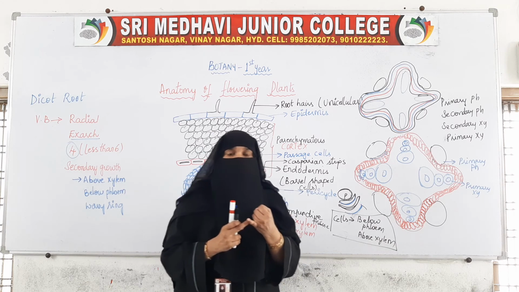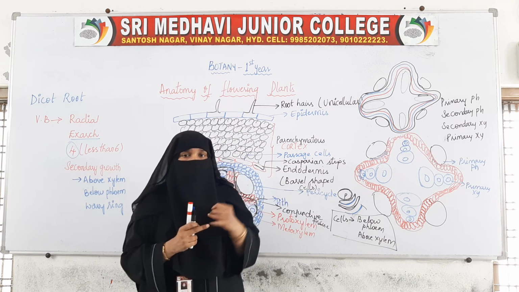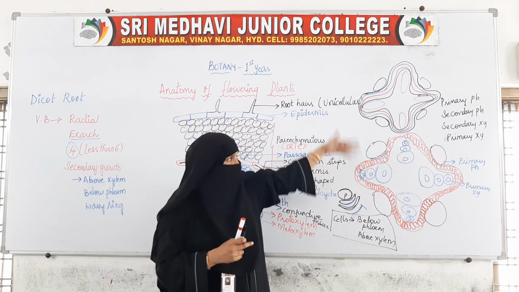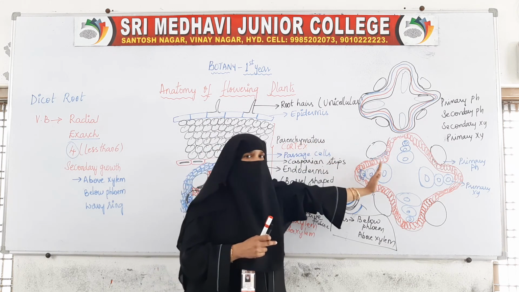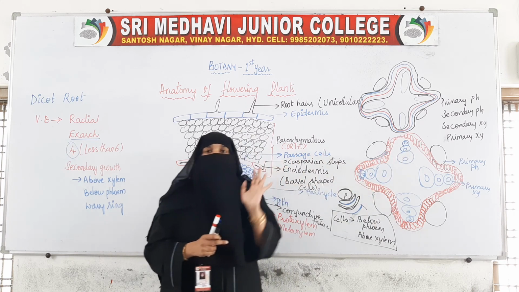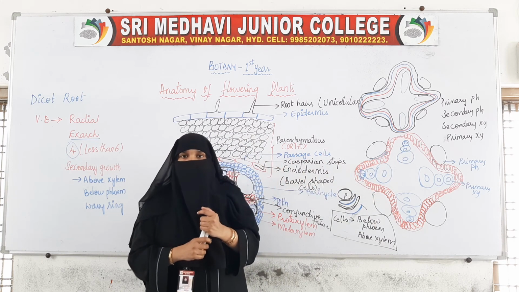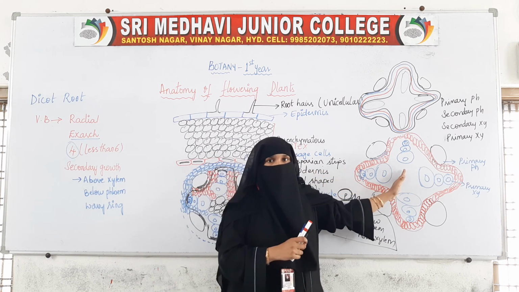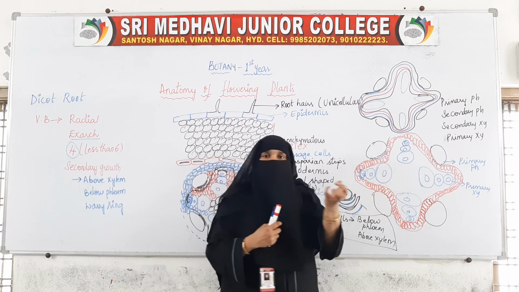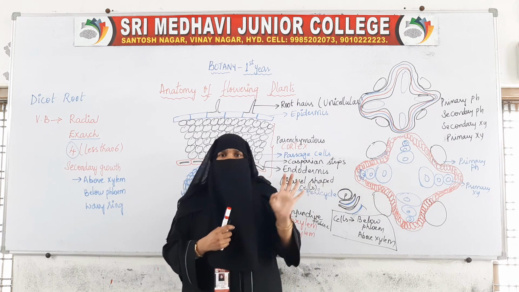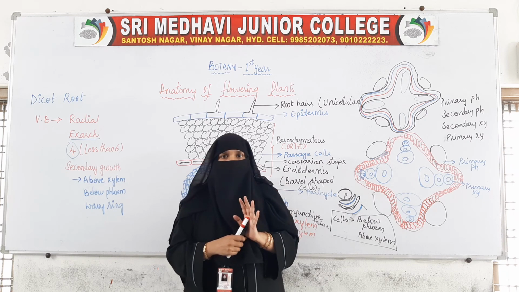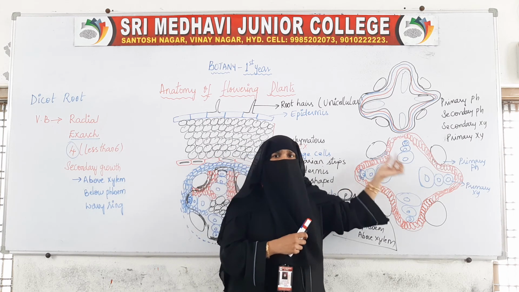With the formation of secondary xylem and secondary phloem, the primary phloem will move towards the periphery, and the primary xylem will move towards the middle, that is, towards the pith. Because of this, the pith will become very inconspicuous. Even if it is present, very few cells will be present.